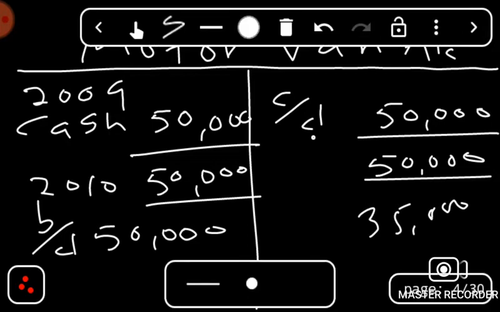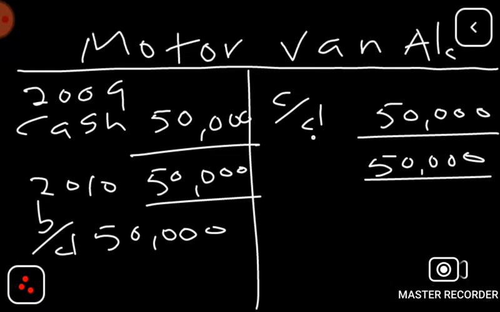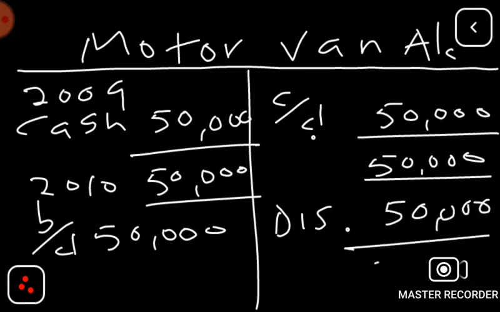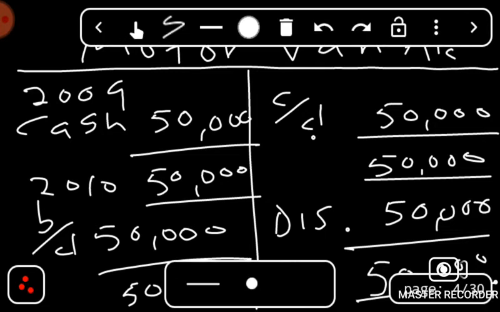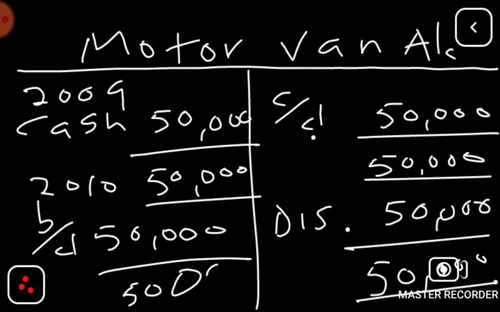So because of that, we're going to write off the amount that we bought it at. We're just going to write disposal here and we're going to write 50,000, and this would mean that our account has been closed. We no longer have any motor van according to this question. But if you had any other motor van, it would have shown.